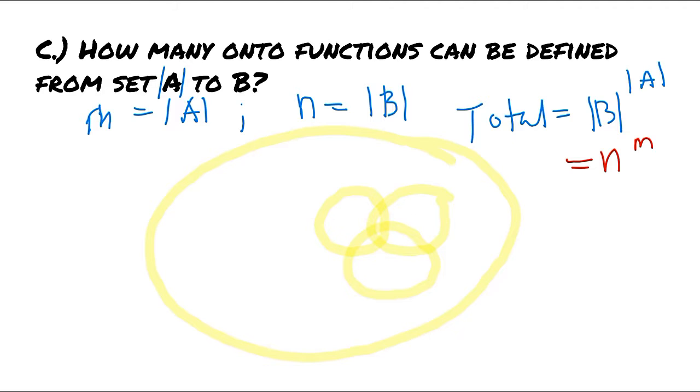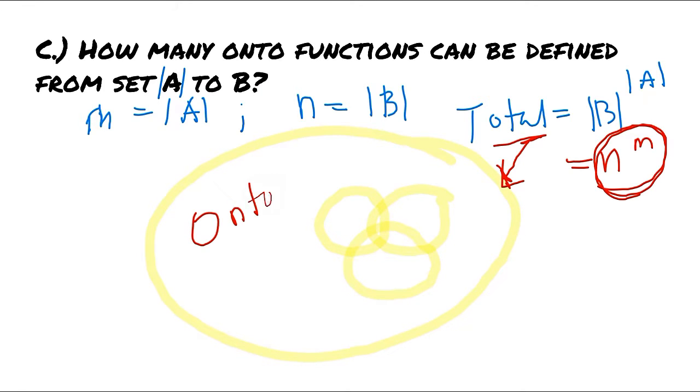The total cardinality of this set is n raised to m, and this part here is the number of onto functions. Within this set, the functions that don't satisfy onto, we are simply going to subtract from the total.